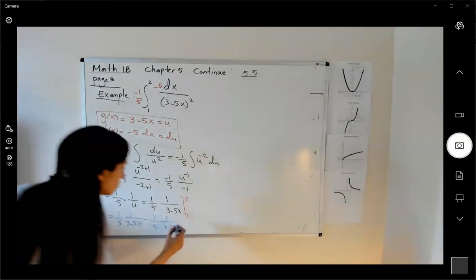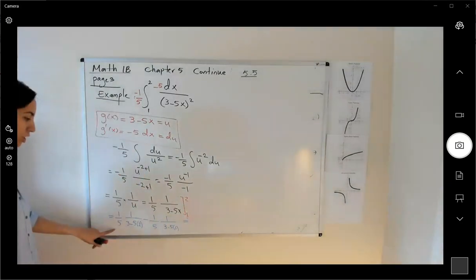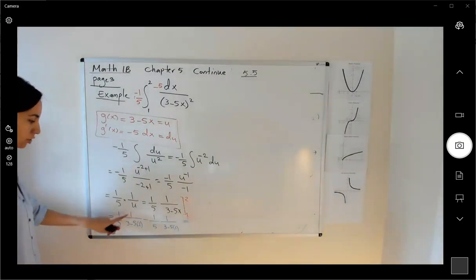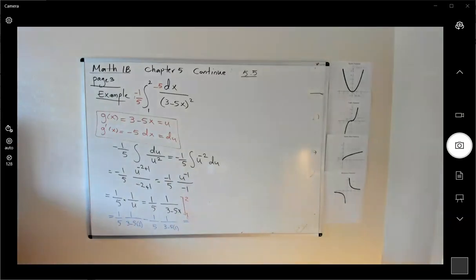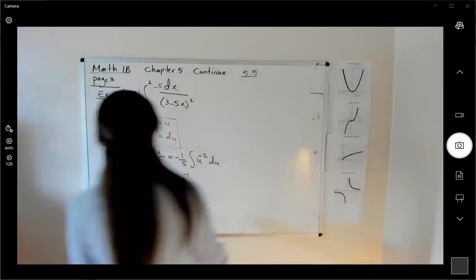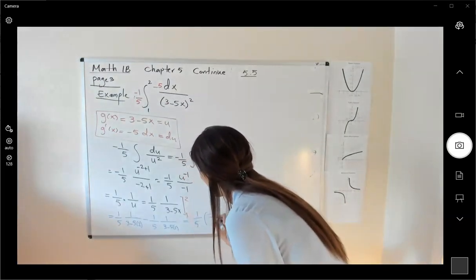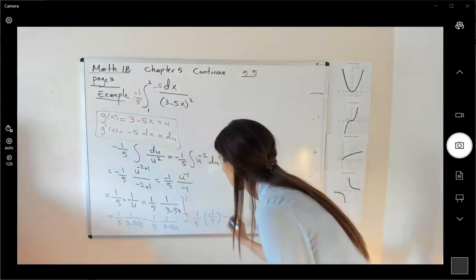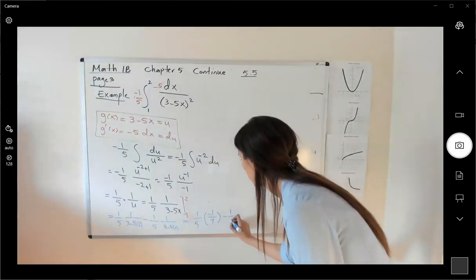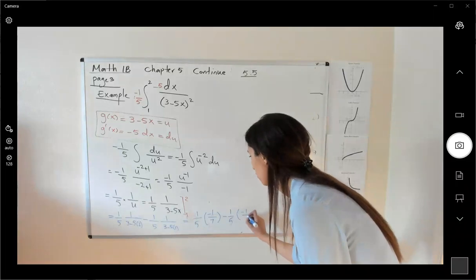Very well. My first fraction is 1 over 5 times 1 over 3 minus 10, negative 7, okay, 1 over 5 times negative 1 over 7 minus 1 over 5 times negative 1/2.